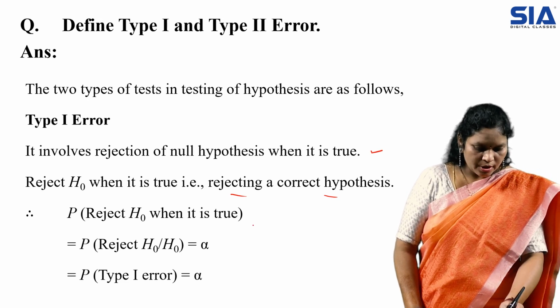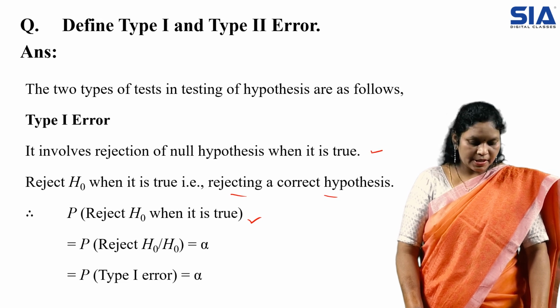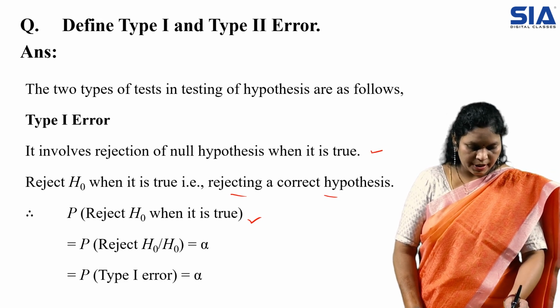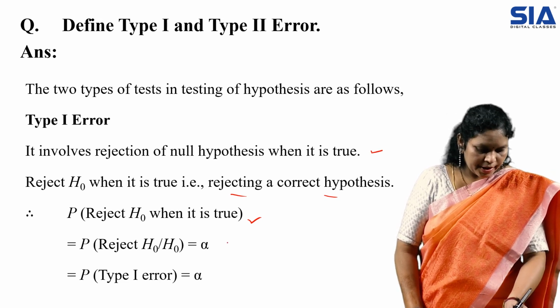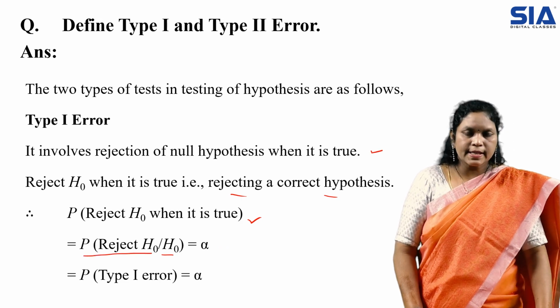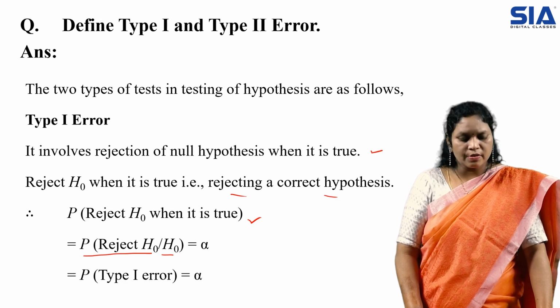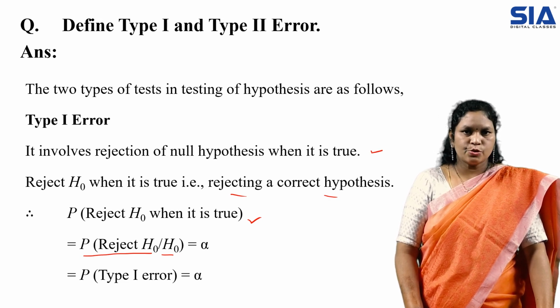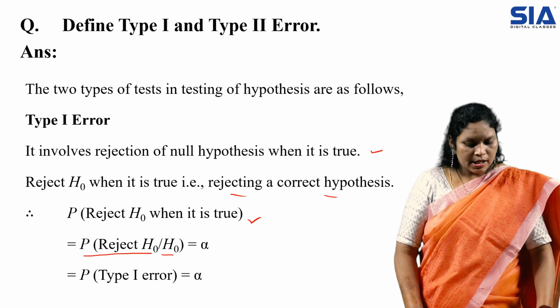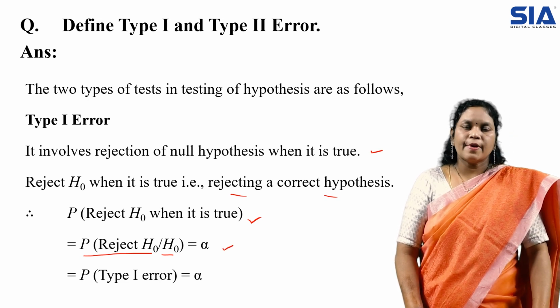That is the probability of rejecting H naught when it is true. Probabilities we represent with P. So probability of rejecting H naught when it is true, or we can rewrite it as probability of reject H naught given H naught, meaning whenever the correct hypothesis holds, we write it as given H naught. So given H naught means H naught is true. Symbolically we write it like that, which is equal to alpha. Alpha is the notation for type 1 error.